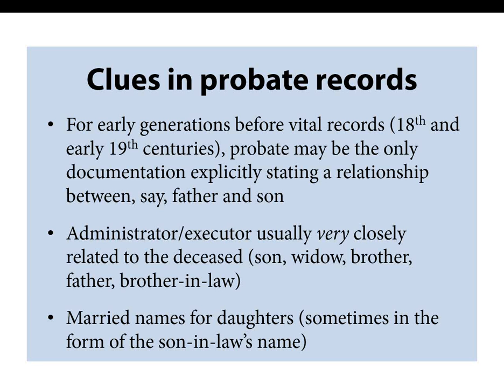The most common things that you will see is that the administrator or executor is the son, widow, brother, father, or brother-in-law of the deceased. And married names for daughters, which sometimes come in the form of the son-in-law's name, can also often be found in probate records.